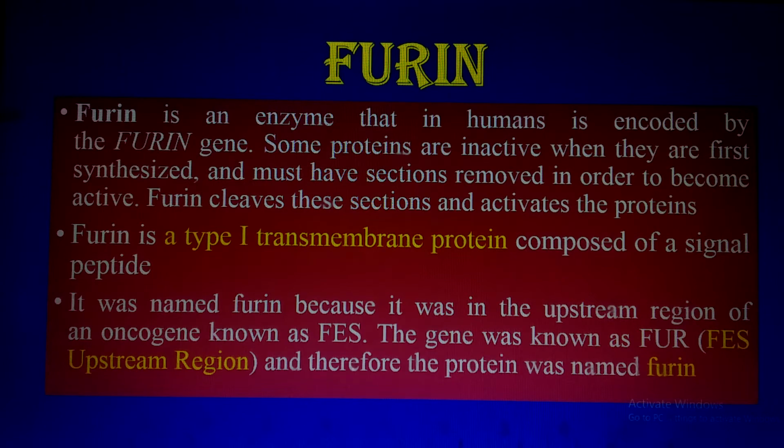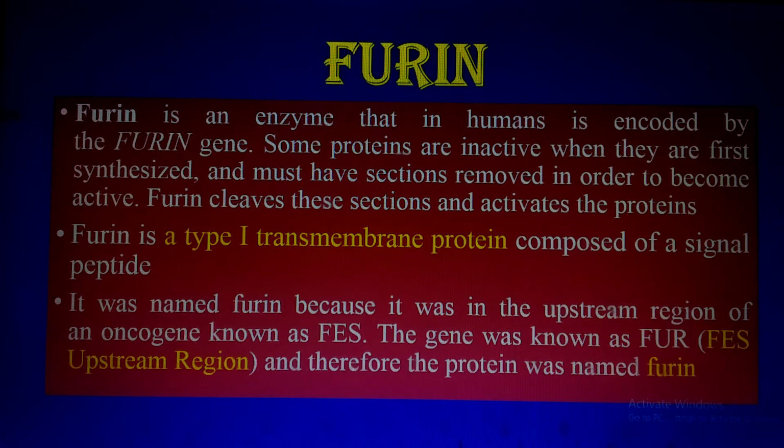Now I am going to discuss the role of furin, how furin activates these inactive proteins. Sections must be removed in order for them to become active. So furin helps to remove the sections of these inactive proteins so they become active. Is it clear?